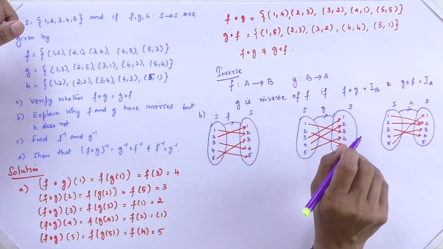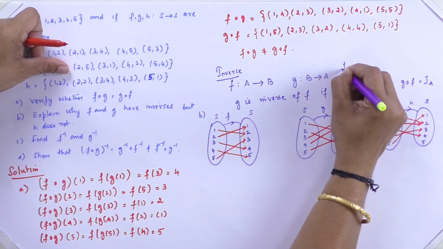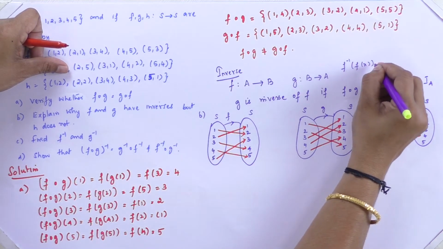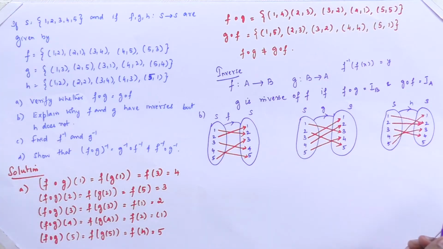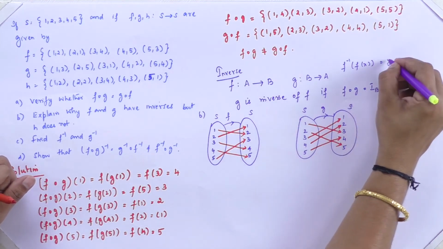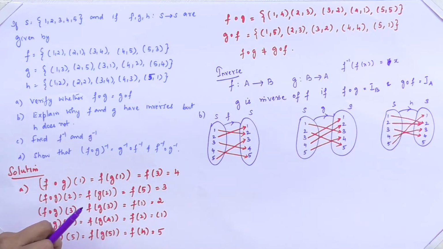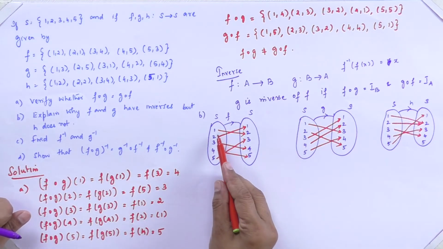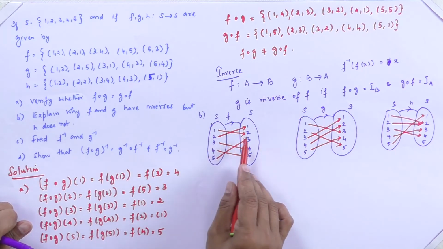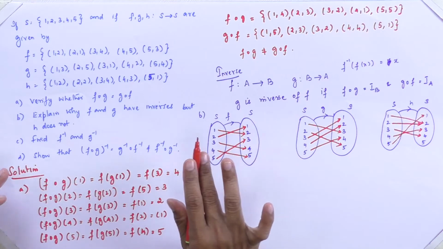The other way I can write it: F inverse of Y is X if F of X is equal to Y. Now look at this: each and every element is distinctly mapped and none of the elements in my codomain set are left free.